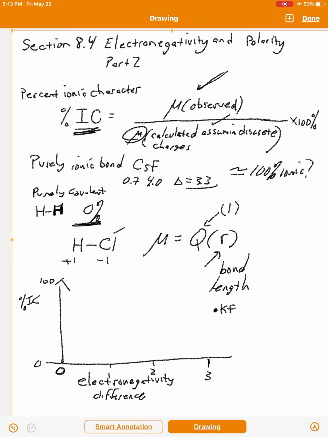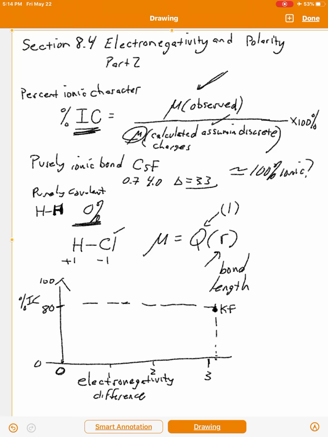Okay, so this is somewhere around 80%, and the difference in electronegativity is somewhere around 3.2 or 3.3. Okay, so it's not 100, even though we generally think of KF as being an ionic compound. According to this formula, according to this calculation, it's around 80% ionic, so that means there is some sharing going on.